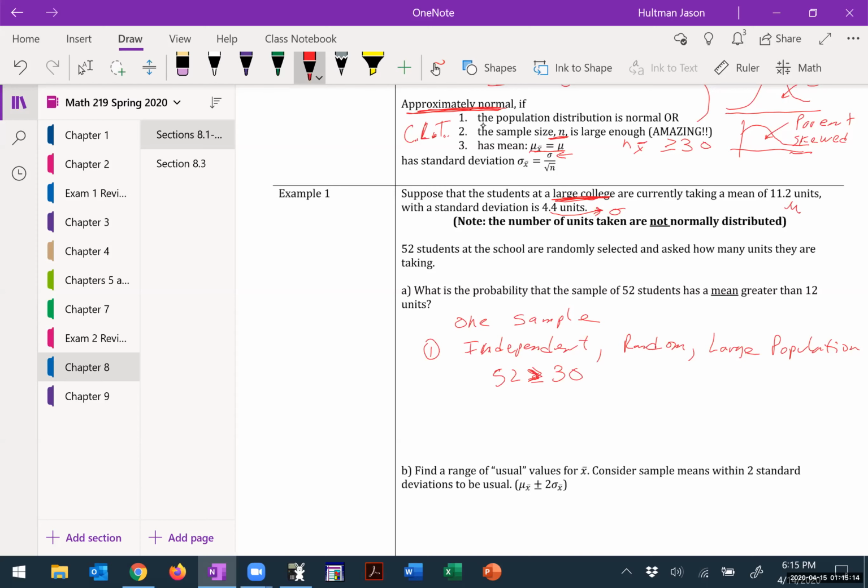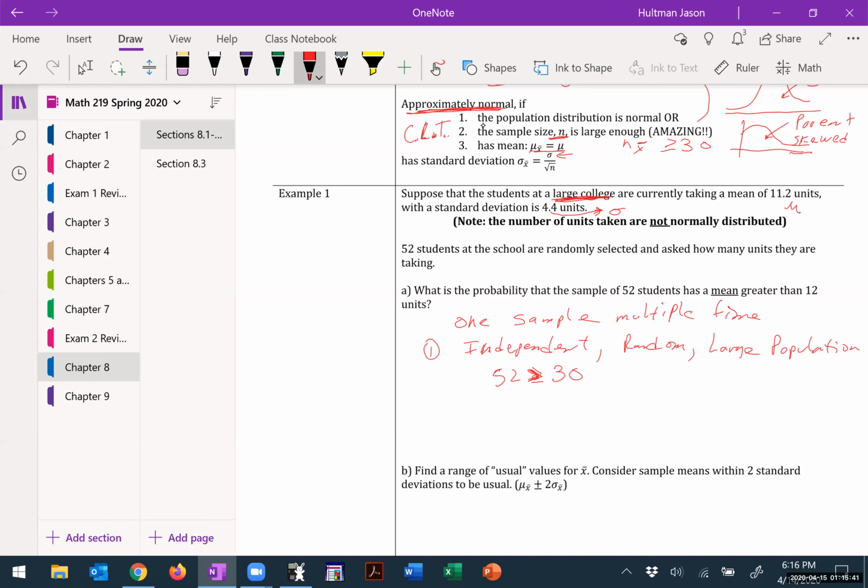And so what I'm going to do is take this sample, one sample, and then do it over and over and over again. I'm going to get multiple samples of 52 students. I'm going to take a sample multiple times.